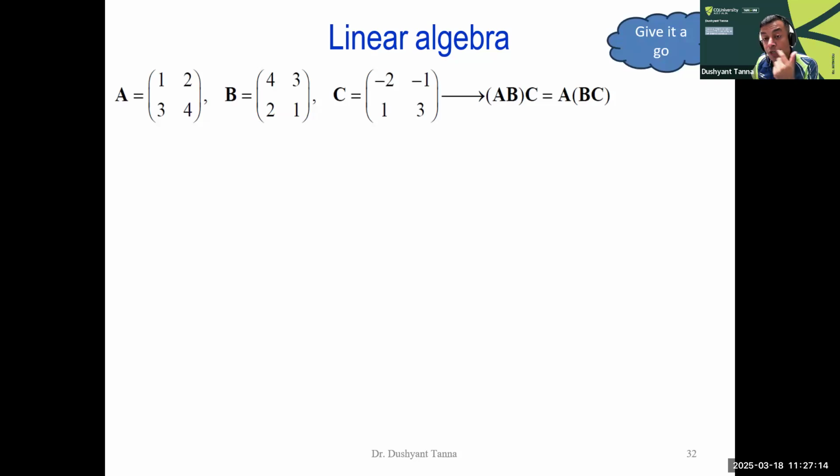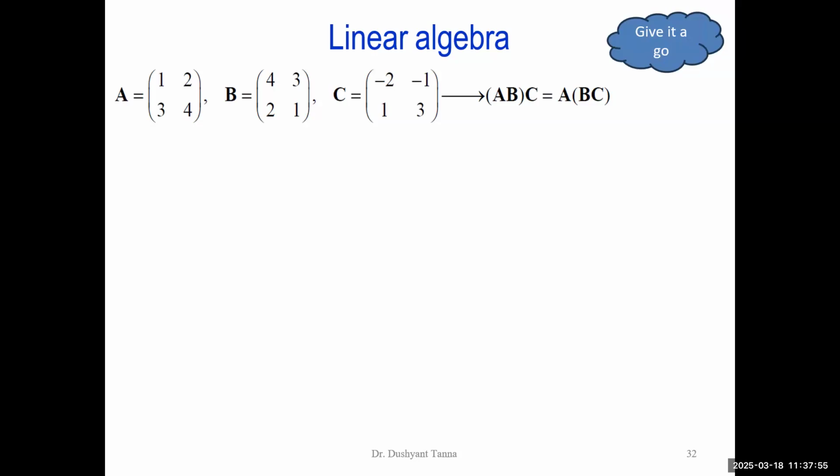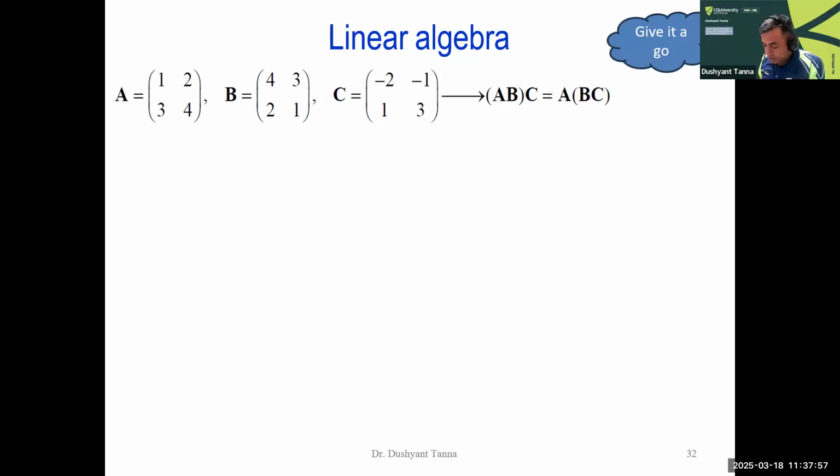Okay. What we are doing, you're obtaining AB and then multiply with C. In the right-hand side, you obtain BC first and then multiply with A. Okay, so let's jump on. So we'll start with the left-hand side. AB.